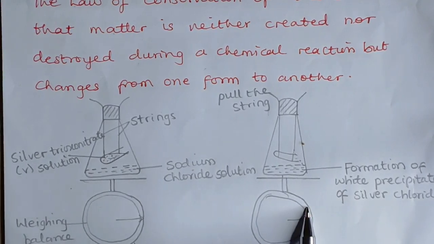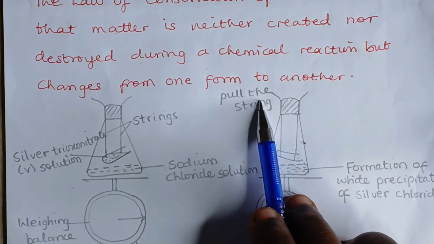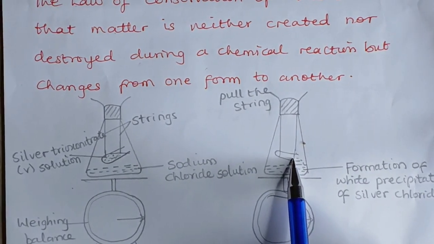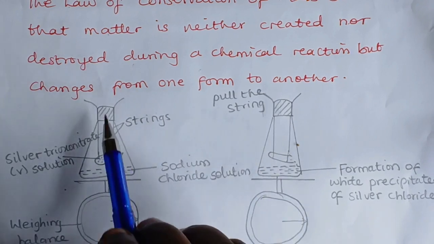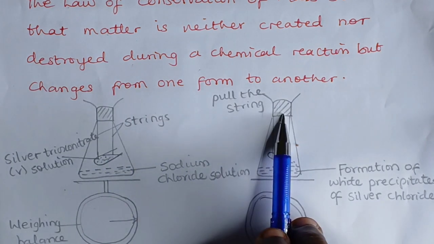Then after the experiment, you can see here that the thread was pulled. After pulling the string, you will see that a cork has been attached to the test tube to make it airtight so that nothing will escape. The cork is still intact here.